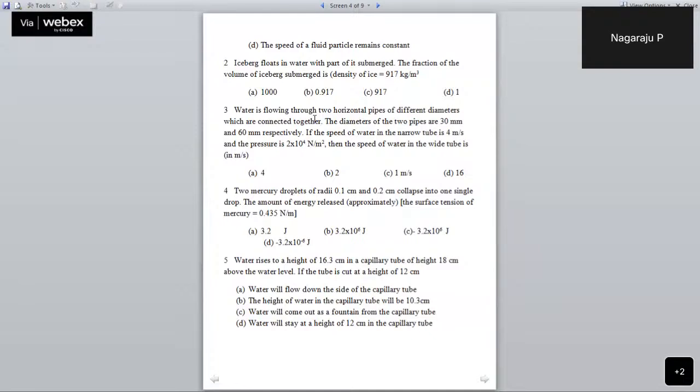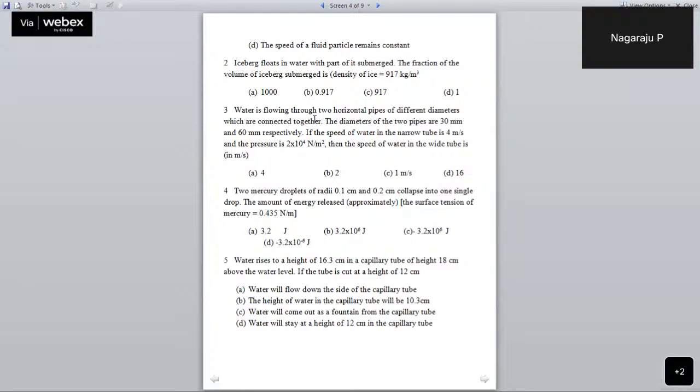And therefore, the energy released is nothing but the surface tension into decrease in surface area. And surface tension is given already as 0.435. Sometimes it may be given as 43.5 into 10 raised to minus 2 or 435 into 10 raised to minus 3. Let it be given in whatever form they like, but you should be able to substitute it.